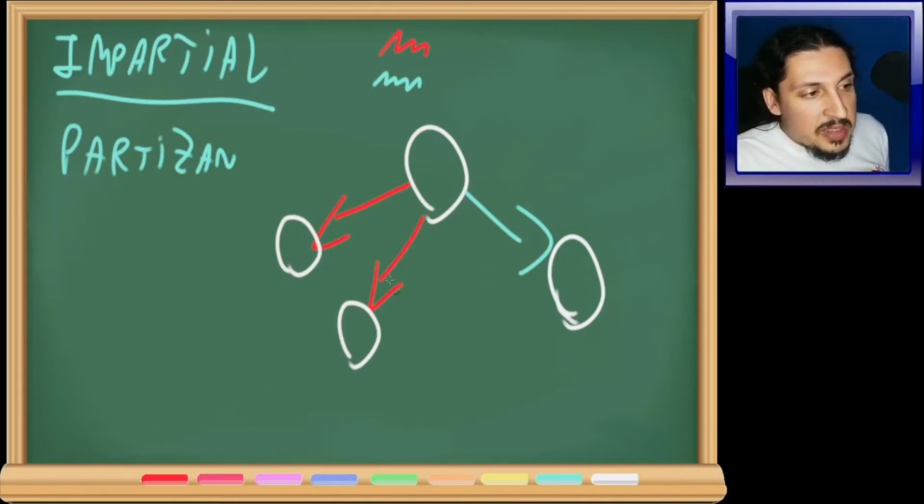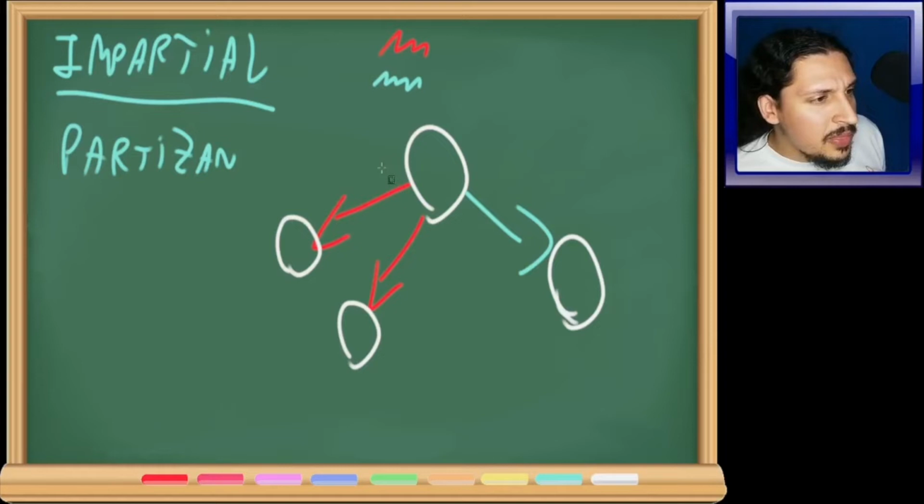For example, chess or checkers or other similar games would be partisan, because the rules say that from a single position, the white player always moves the white pieces and the black player always moves the black pieces. You cannot change that. So they don't have the same moves.